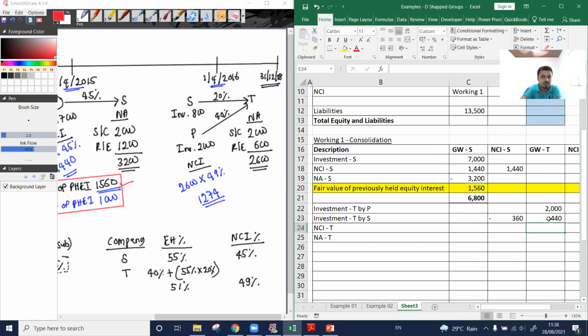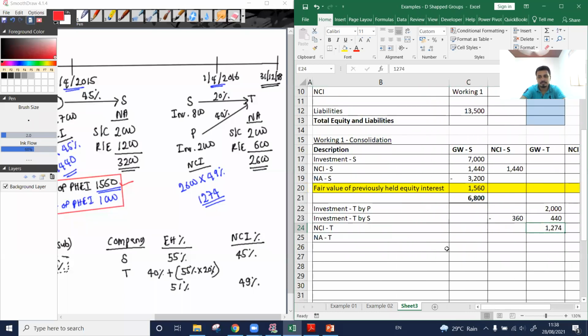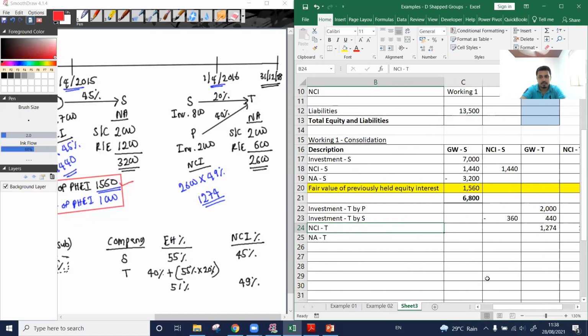NCI value, NCI of T, that is 1,274. Cost of control account debit, NCI of T account credit. Right.